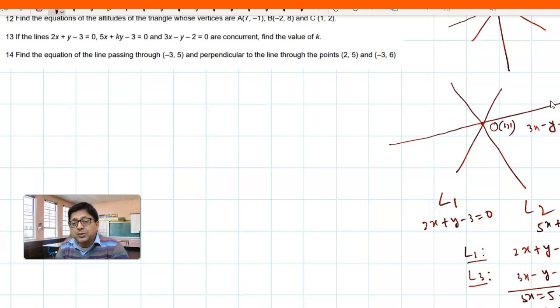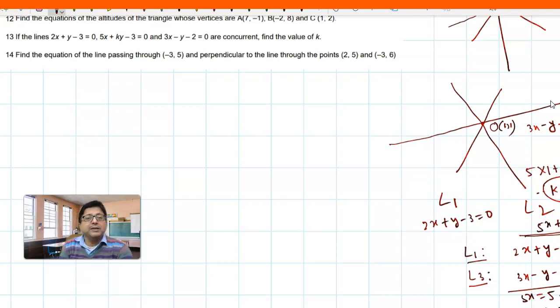See, the line L2's information is not used yet. But if they are concurrent, the point 1, 1 must lie on this line. So put x equal to 1, y equal to 1. Therefore, k is going to be equal to minus 2. You got the value of k in this manner.